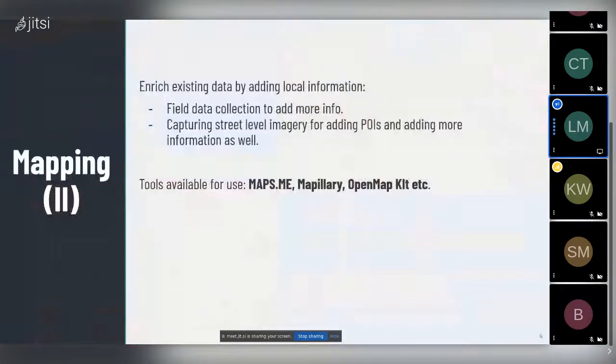So one of the first ways that a person can improve their contribution to OSM, other than what we've been doing so far, is by enriching existing data on OSM.